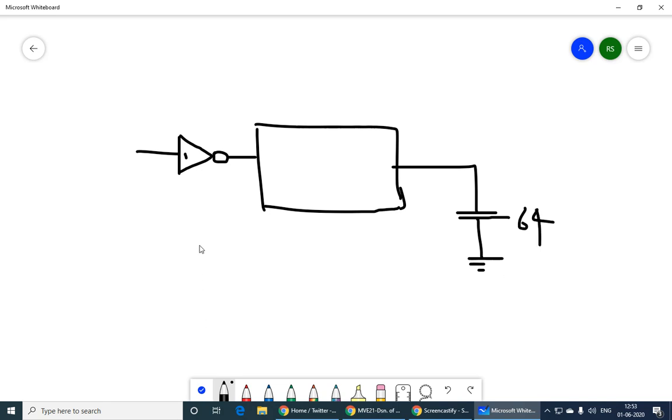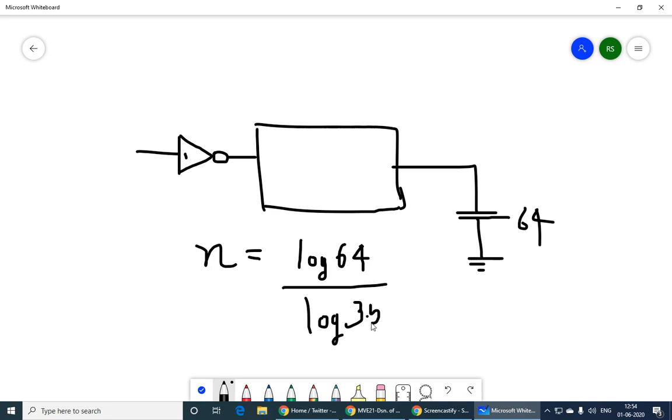In this case n equals log 64 divided by log 3.59. This is the n that is going to satisfy our least delay requirement.